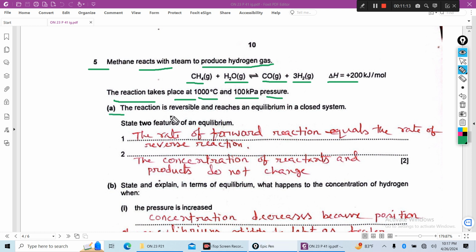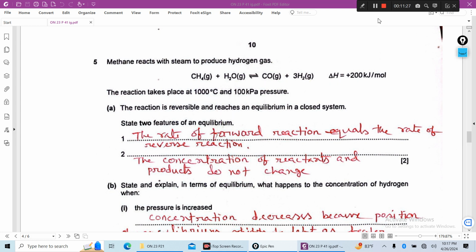So number A, the reaction is reversible and reaches an equilibrium in a closed system. State two features of an equilibrium. Number 1, the rate of forward reaction equals the rate of reverse reaction.